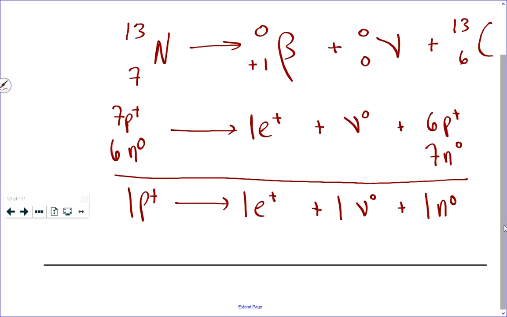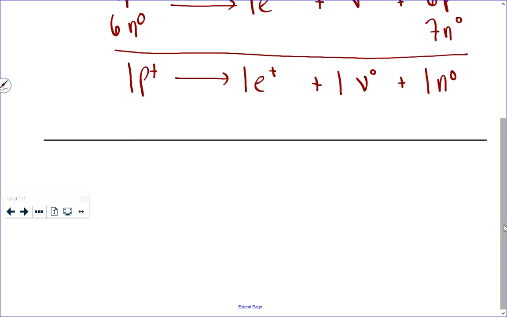I want you to notice, by the way I've written this, which is different than what I did yesterday, the charges on the top balance left and right. I've got a positive 1 charge on the left and I've got a positive 1 on the right. If you compare this, which is positron decay, which you are expected to be able to describe, in other words, multiple choice question, during positron decay, a proton changes to a neutron and a neutron changes to a proton and you have choices.